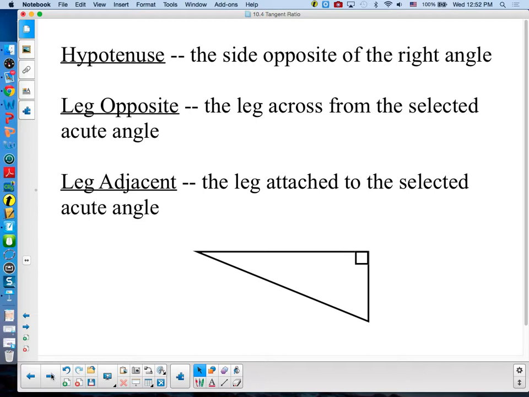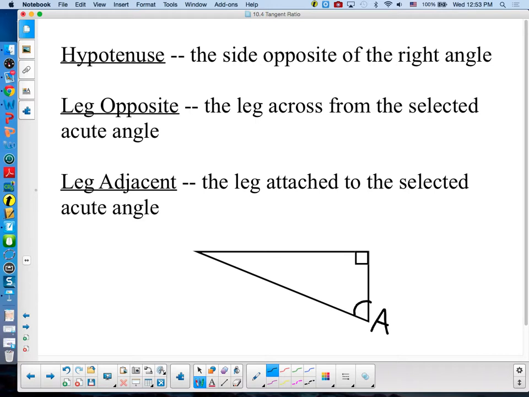Let's mark, let's say this bottom one is my selected angle. Write the words on each side. Which one's hypotenuse, which one's adjacent leg, and which one's opposite, in reference to that bottom angle. What's this one called?